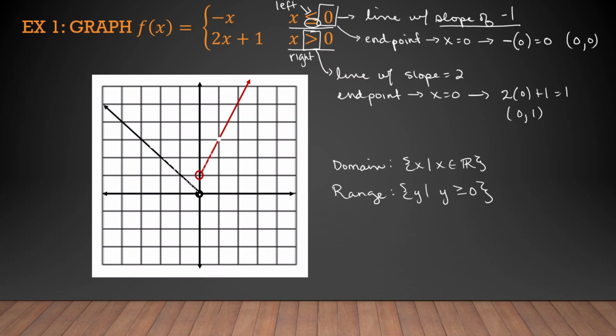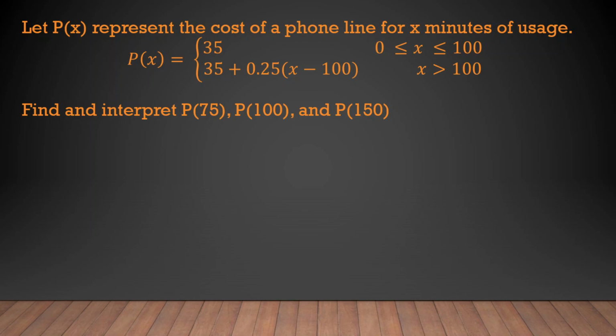Okay? Now sometimes we don't want the graph, we just need some information from our function. So we want to make sure we can just evaluate these functions, and it's going to be based on which piece this x value falls into. If I want p of 75, I need to remember that 75 is less than 100.